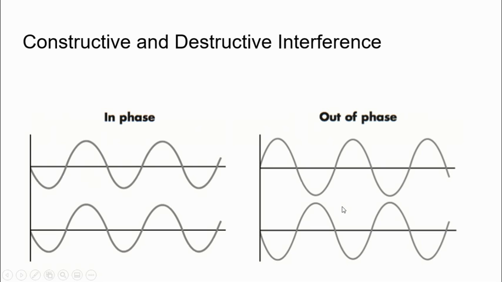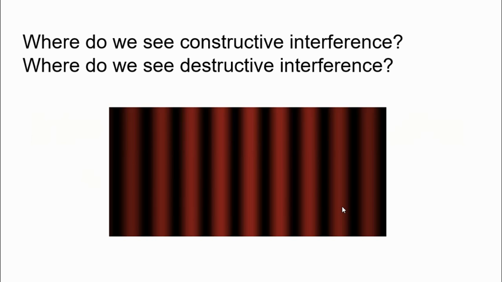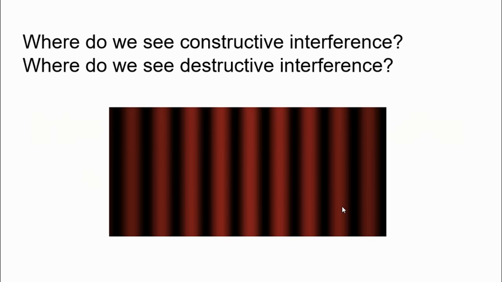Where sound waves were out of phase, the waves cancel each other out in destructive interference. And so now instead of hearing those areas of constructive or destructive interference, we're going to see them with light. So that's kind of the basic summary of this.